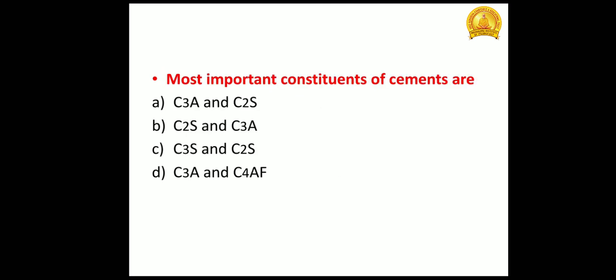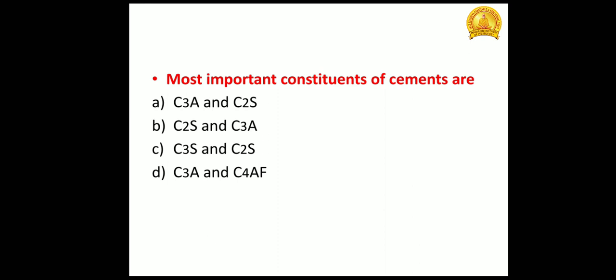So moving on to the third question, most important constituents of cement are: options are C3A and C2S, C3S and C3A, third one is C3S and C2S, and fourth one is C3A and C4AF. C3A is tricalcium aluminate and C2S is dicalcium silicate. So C3S and C2S is the answer.